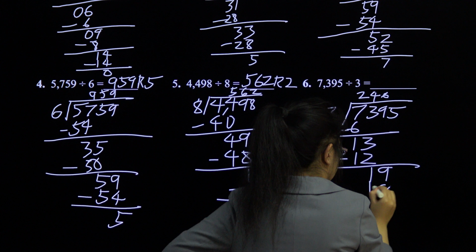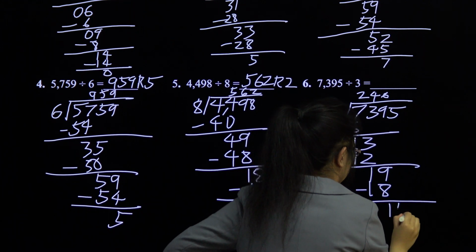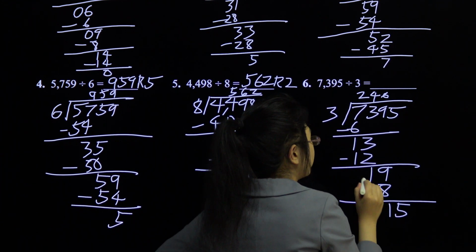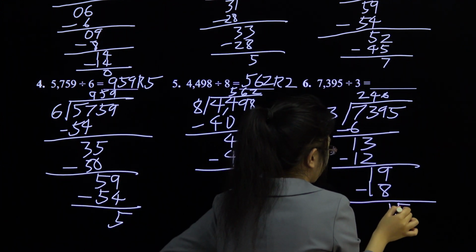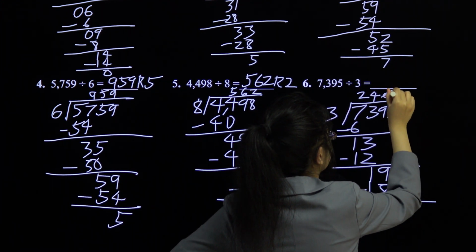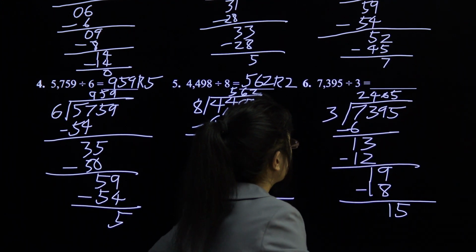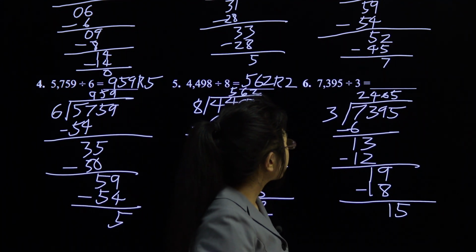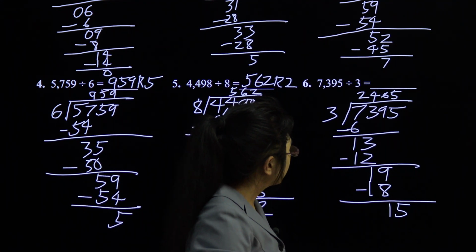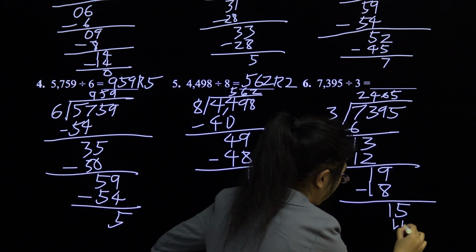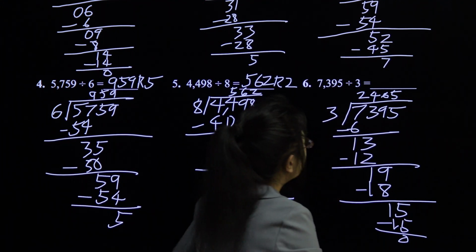And you get 18. And then you subtract. And then you get the next digit, 15. 3 goes into 15 5 times. And it divides out evenly.